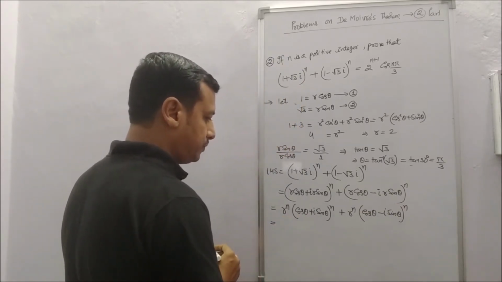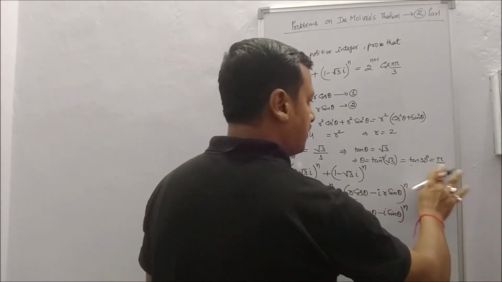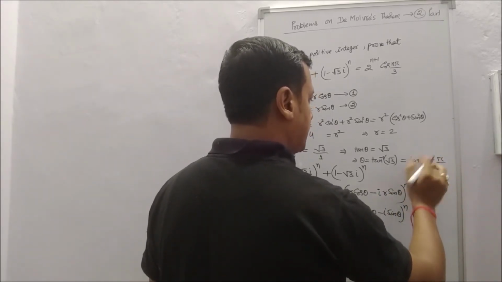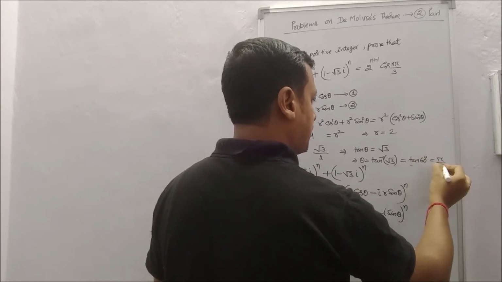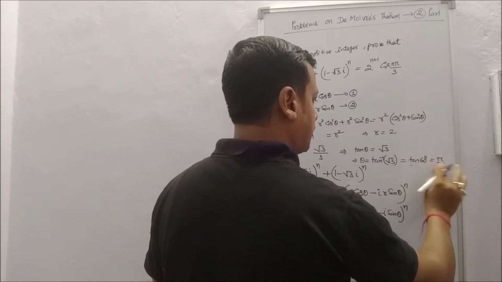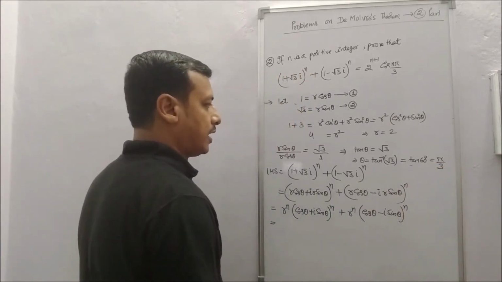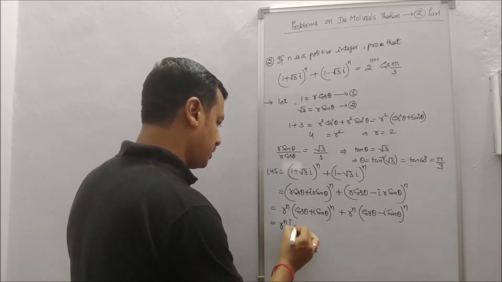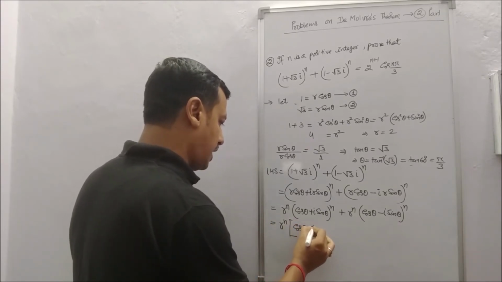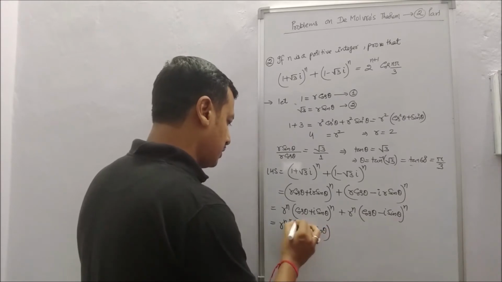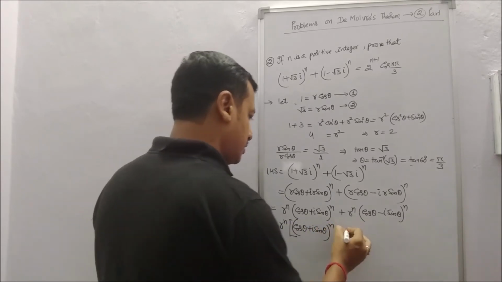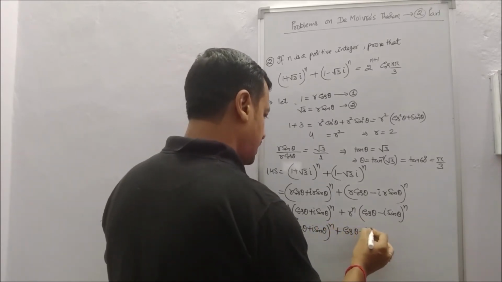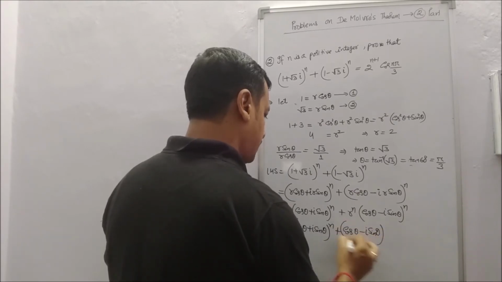Now we know that it is 60 degrees, so it is π/3. So r^n is common: (cos θ + i sin θ)^n + (cos θ − i sin θ)^n.